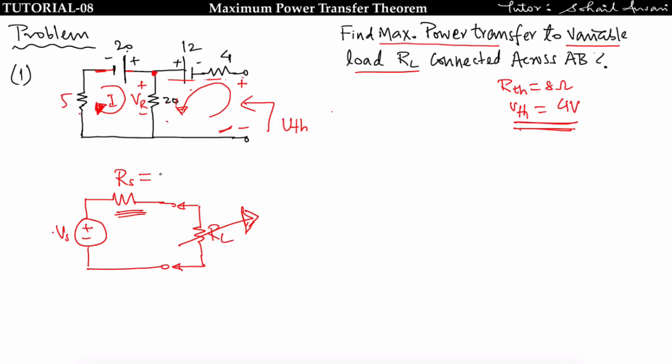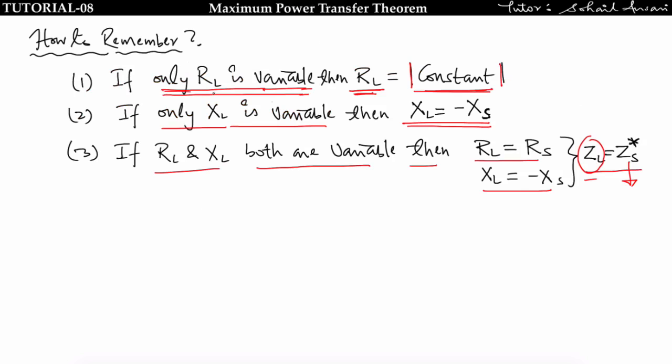So we have Rs is equal to 8 ohm and Vth is equal to 4 volt, and we are connecting variable RL. Now find the value of RL for which the source will transfer maximum power. I have already told you the shortcut, that is if only RL is variable, then RL is equal to the magnitude of the constant.